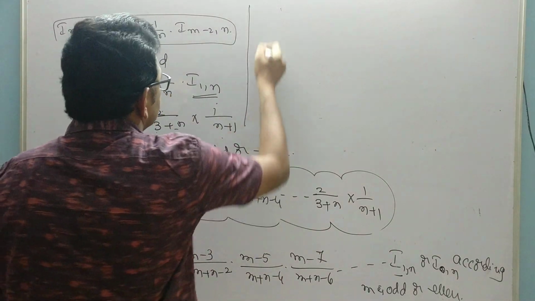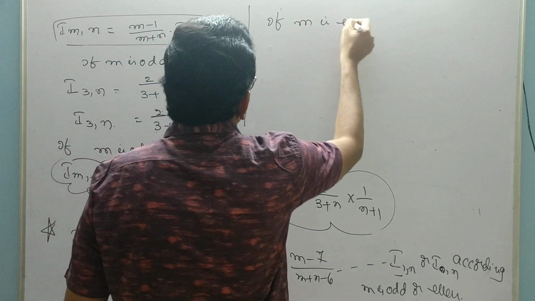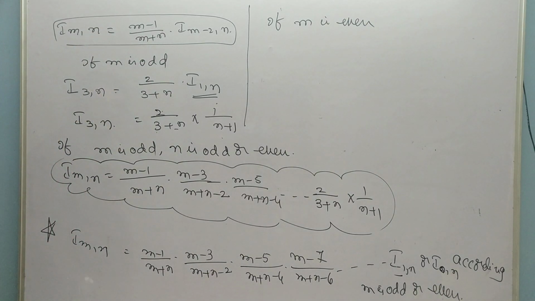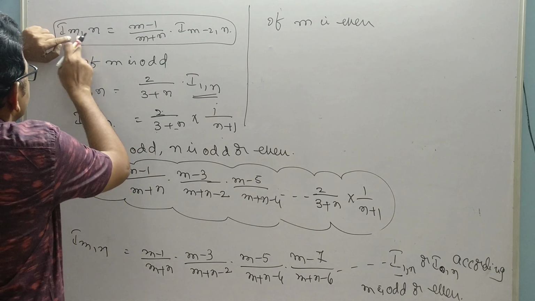Next one, if m is even, in the sense you write 2 in place of m.